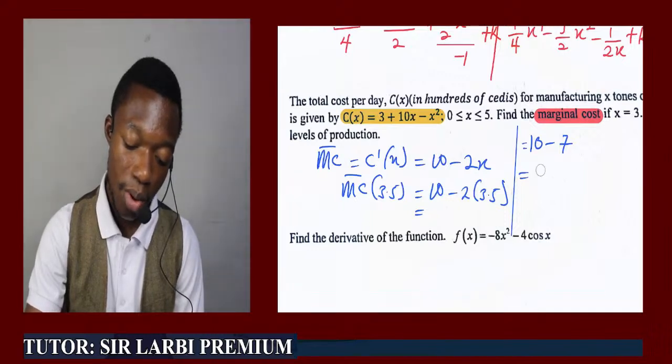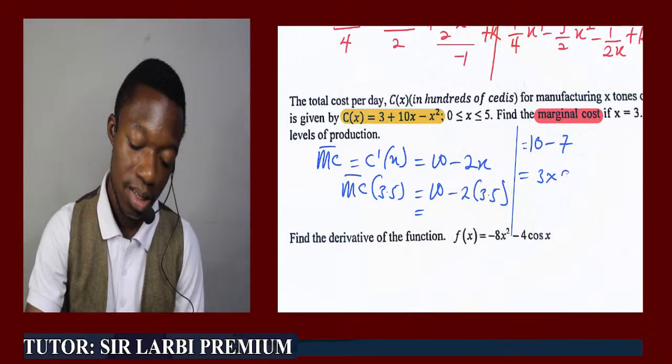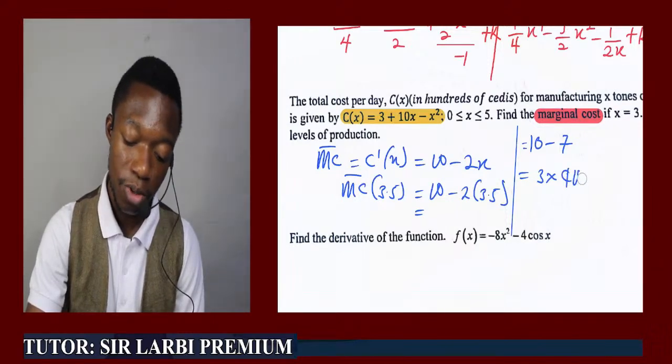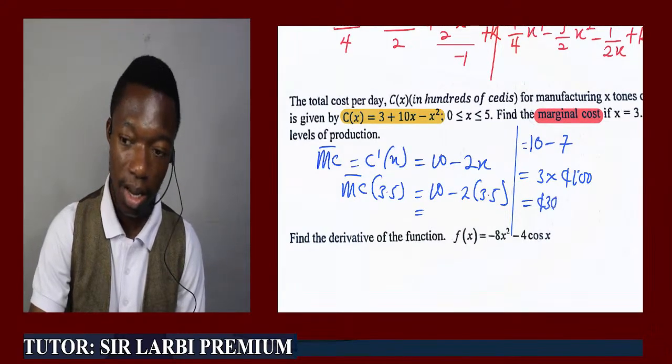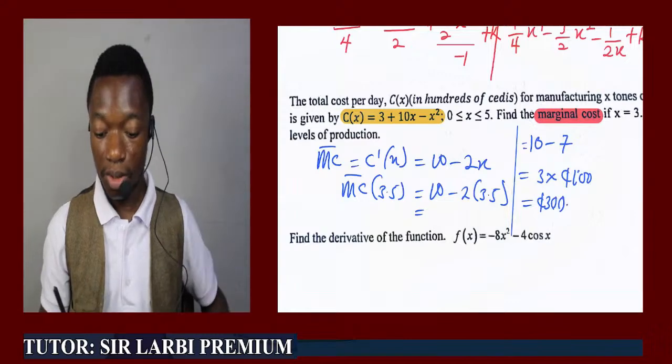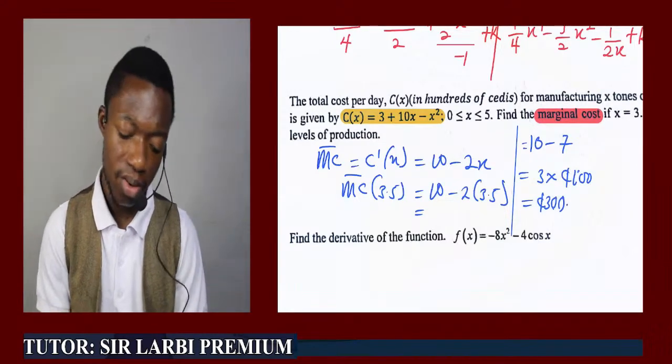But we're told that we are working in hundreds of cities. So that means that you multiply by 100 cities, so you're supposed to get 300 cities at the end of the day. So let's take note of it. This is how it goes. You just have to multiply by that and you are good to go.